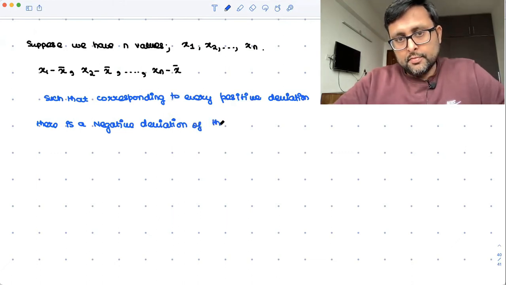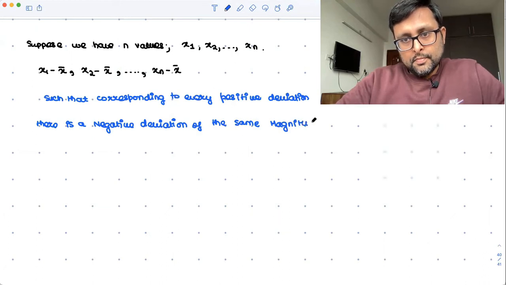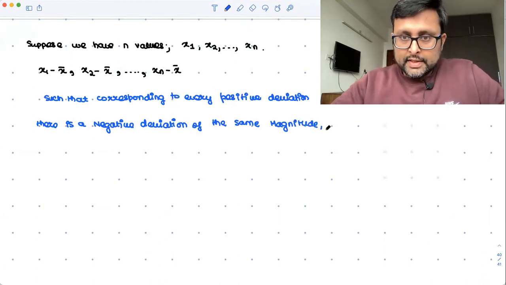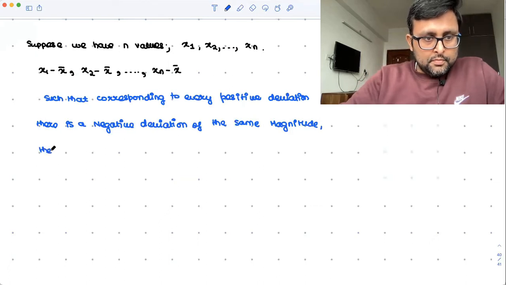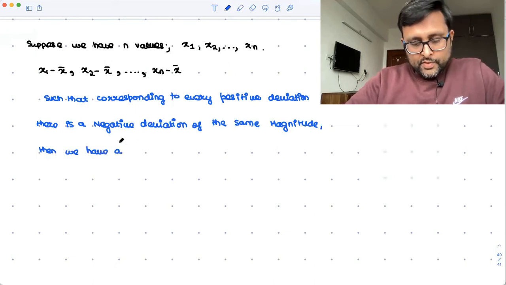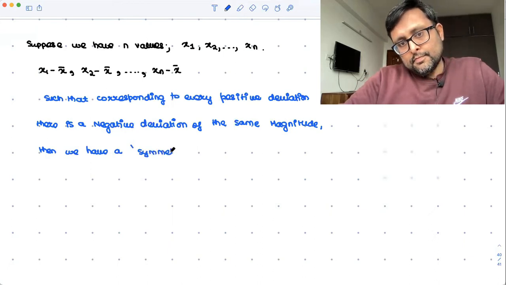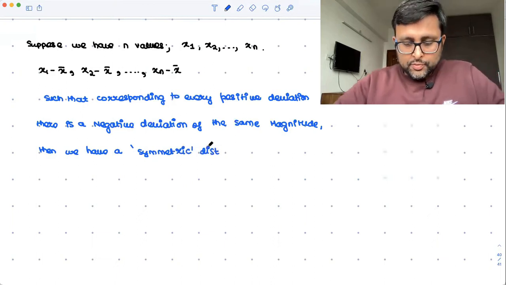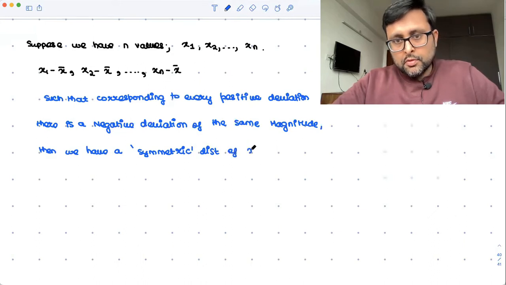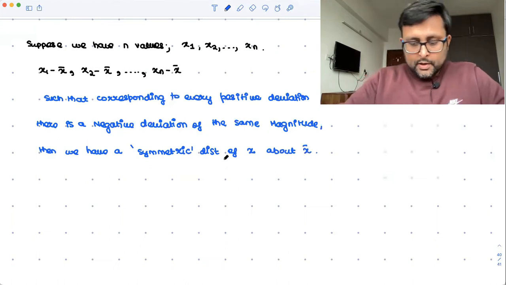If this is there, the same magnitude, then we have a symmetric distribution of X about X bar, right?